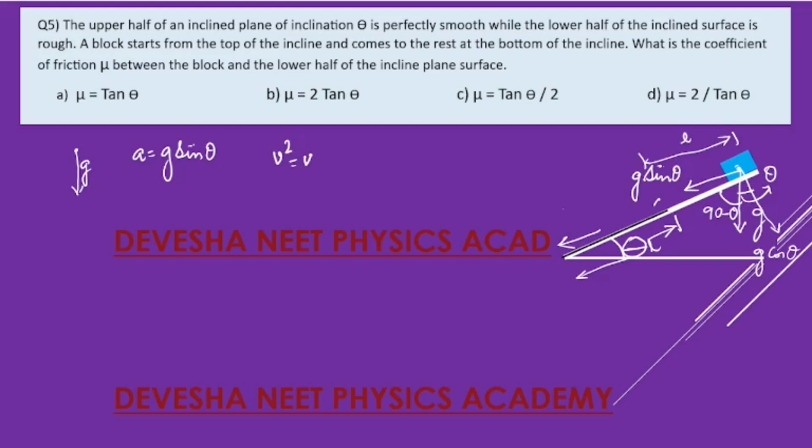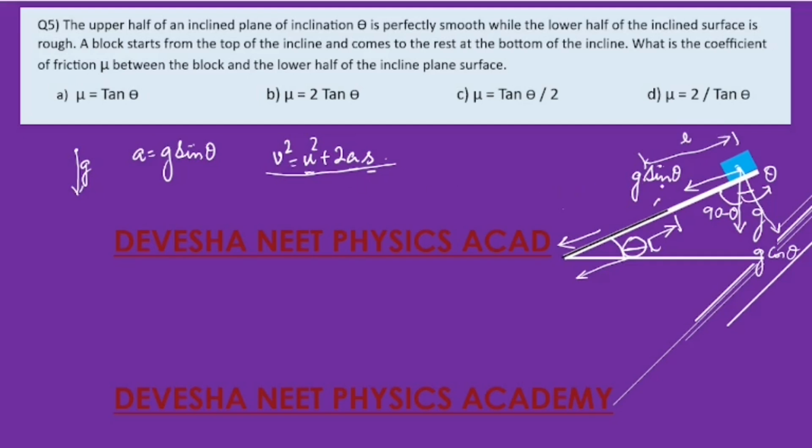is equal to u square plus 2as. This is a formula which you know from straight line motion since the initial days, right? v is the final velocity, u is the initial velocity, a is the acceleration, and s is the distance covered.